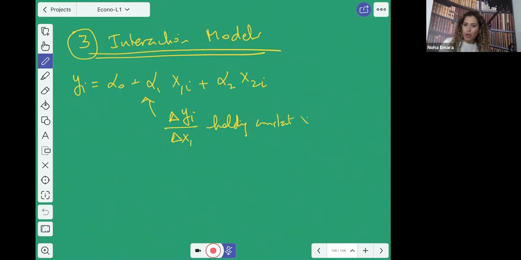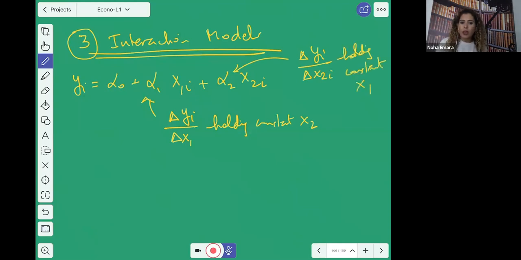So x2 is held constant, okay? Now, this one is the same. It would give me the change in yi due to the change in x2i holding constant x1.